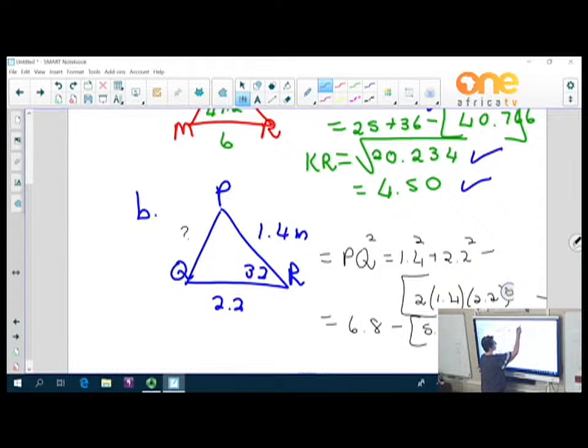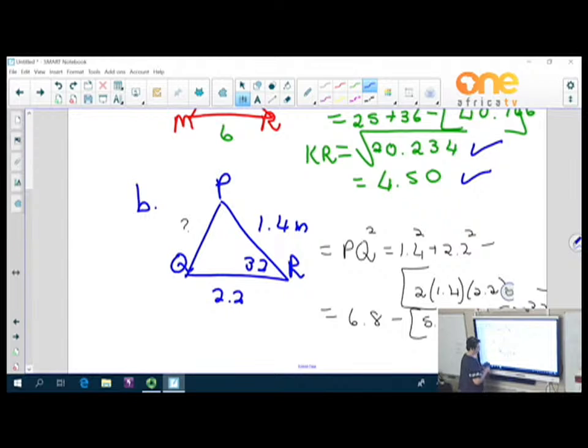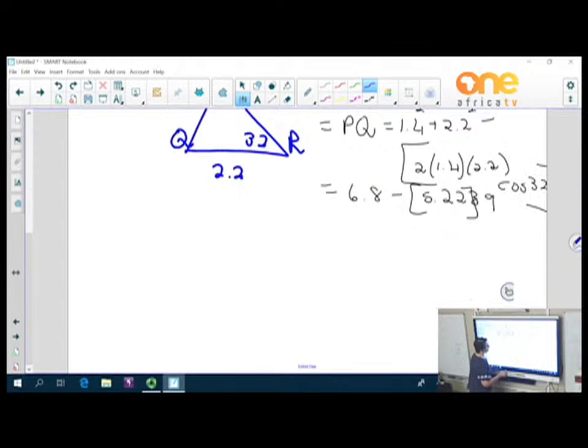As we say, don't round off there, that's too soon. We'll have to go further there. Right, so the next step is then 6.8 minus that 5.2239. I got here 1.5761.